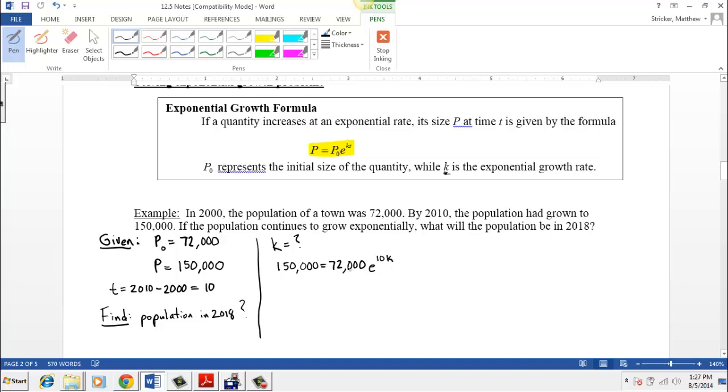So look at this. It takes 10 years for 72,000 to grow to 150,000. And we've solved this now quite a few times. We're going to isolate the exponent first. We're going to divide by 72,000 on both sides. And when we do this, this leaves us e to the 10k.